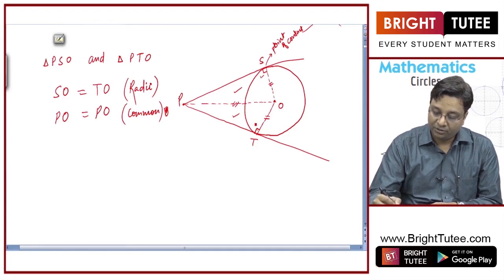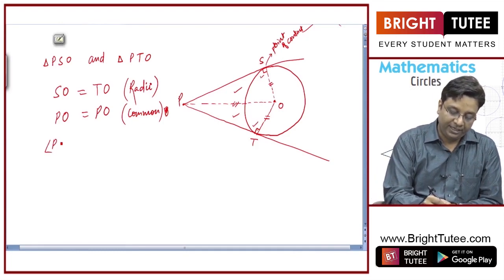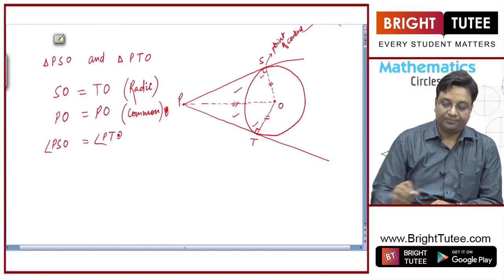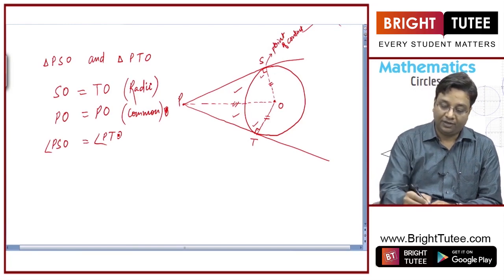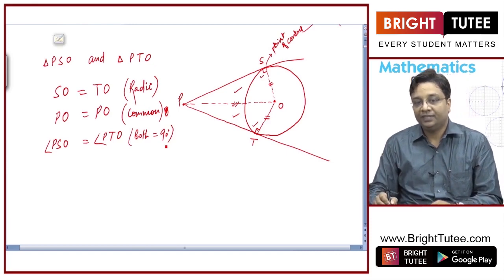Angle PSO is equal to angle PTO, right? Because both are equal to 90 degrees.